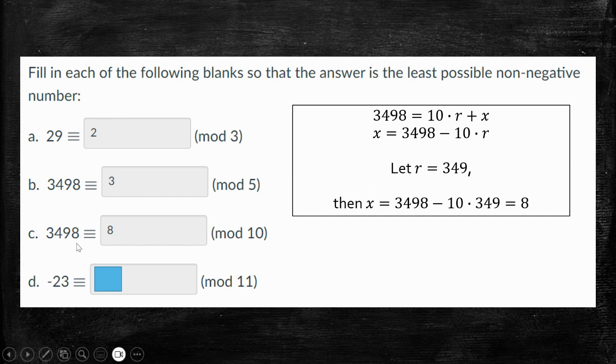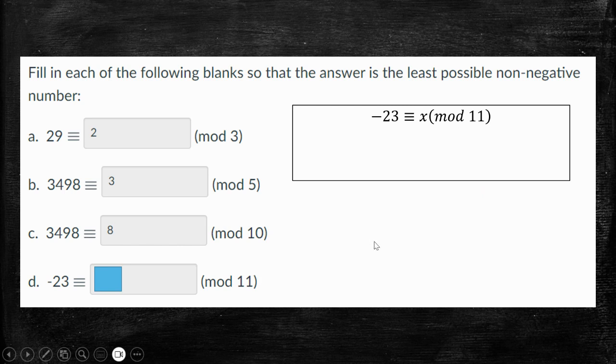Similarly, in example C, we have 3,498, and we know when a number is divisible by 10, it ends in 0. So if this were 3,490, it would be divisible by 10. But with the 8, we know that that is actually the remainder. So while I'm showing you all of this algebraic solution, or how you can think about it algebraically, you may not necessarily need to do so.